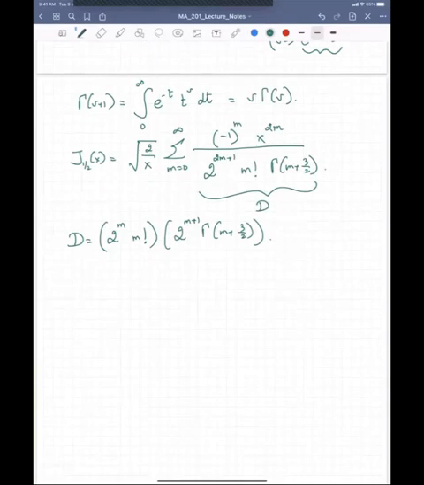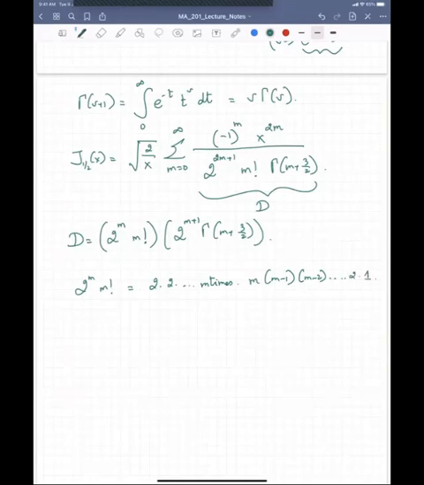So what is this guy? 2 to the m factorial is basically, I can write this as 2 times m times m minus 1, m minus 2, all the way till 2 times 1. Now I'll migrate each factor of this 2 to each factor of this factorial.